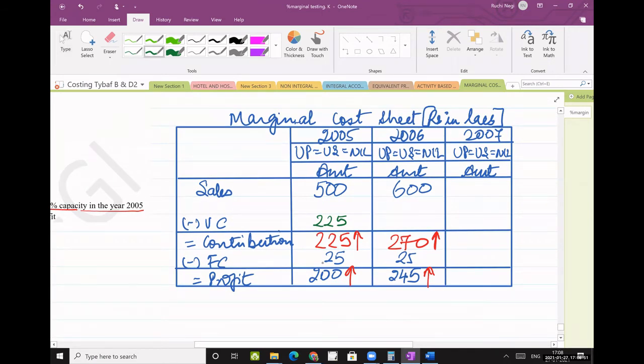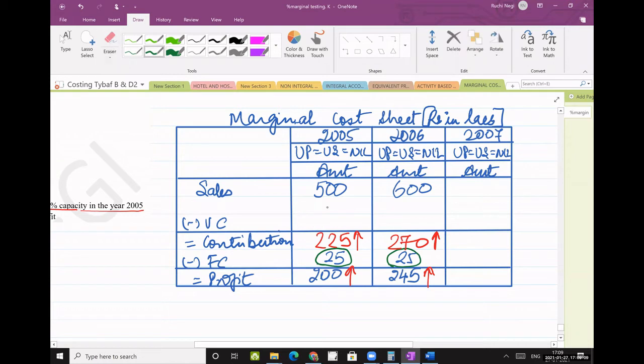We first got fixed cost 25 lakhs and 25 lakhs. Then I told you to go reverse and calculate variable cost.